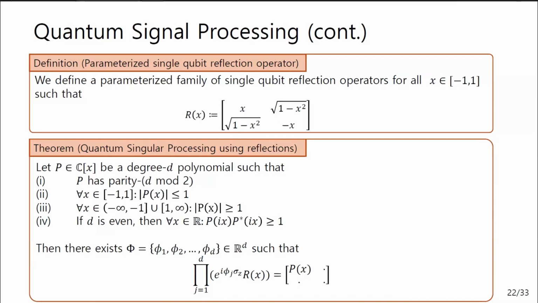And the second box means a slight modification of the theorem of the previous slide, which uses Rx instead of Wx. We can call this quantum signal processing using reflections.